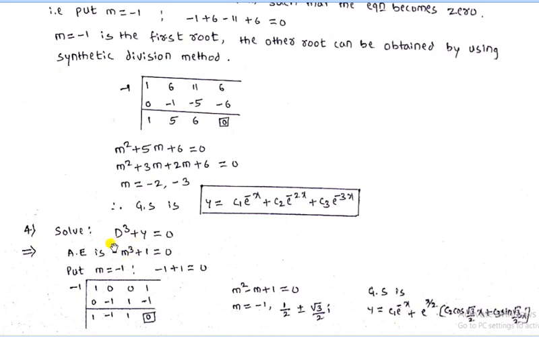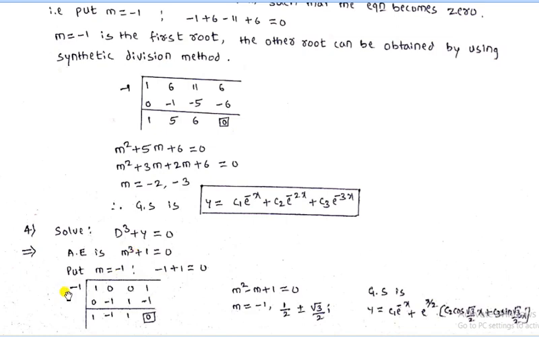Here also substitute a suitable value of m such that the equation becomes 0. So try m value as plus or minus 1, plus or minus 2 and plus or minus 3, etc. If you substitute m equal to minus 1 in this equation, the equation becomes 0. So this denotes that m equal to minus 1 is the first root here.